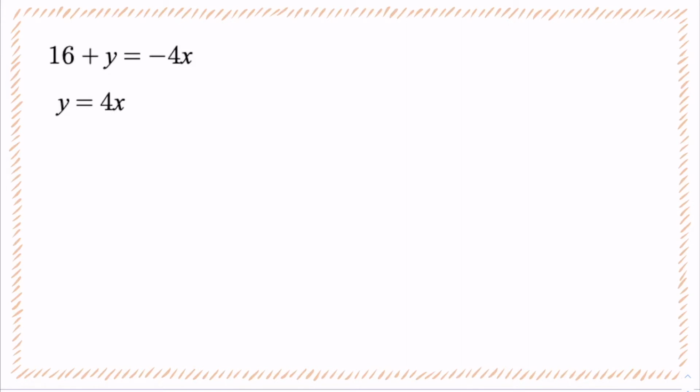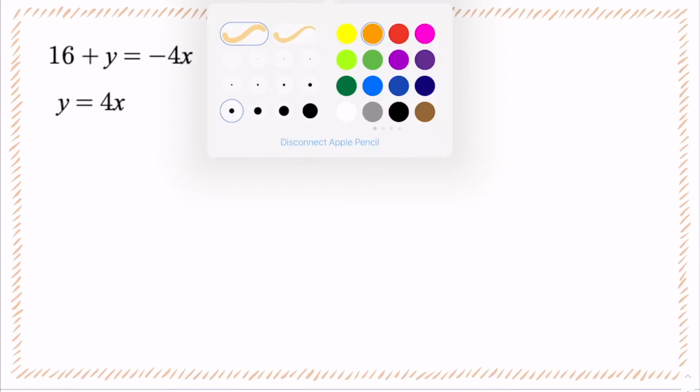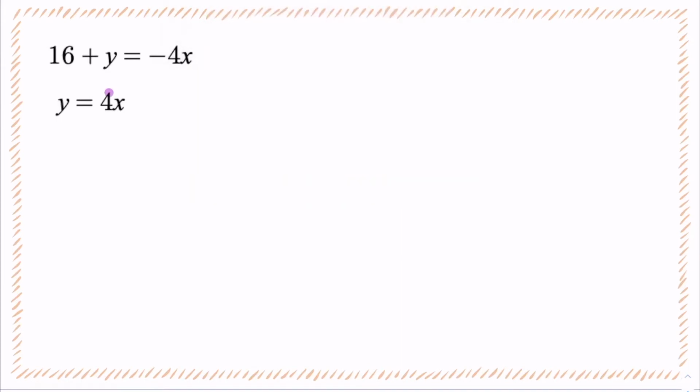Okay, so the first thing you want to do when solving by substitution is have one of your equations have a variable isolated. So looking at that second equation, we already have y by itself, which means we can take what y equals and replace the y in the other equation with that expression.